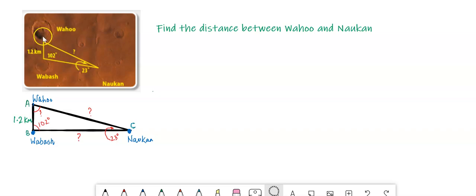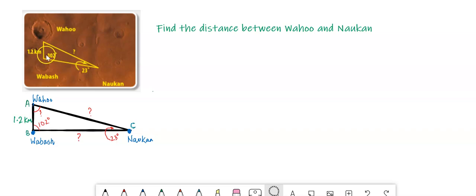And the distances between them, there are 3 craters here. One crater is Wahoo, one is Wabash, and this one here is Nokon. These are the 3 craters, and the distance between them is measured to look like a triangle, and the angles between them are also measured here.